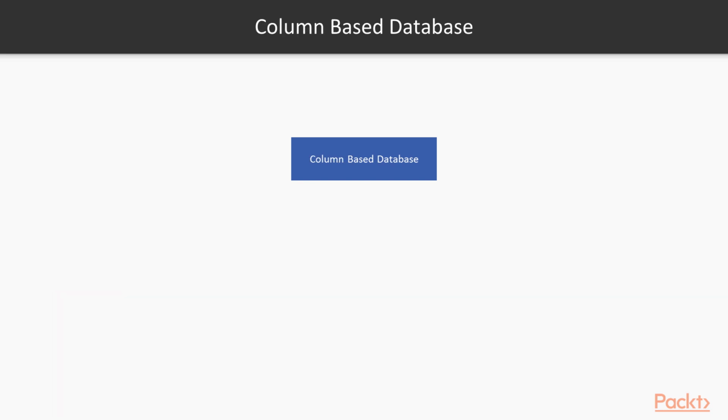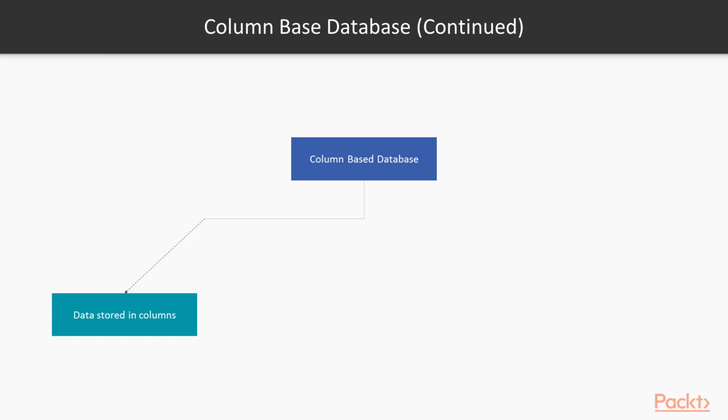The next NoSQL database type is the column-based NoSQL database. In this type of NoSQL database, data is stored together as columns instead of rows.